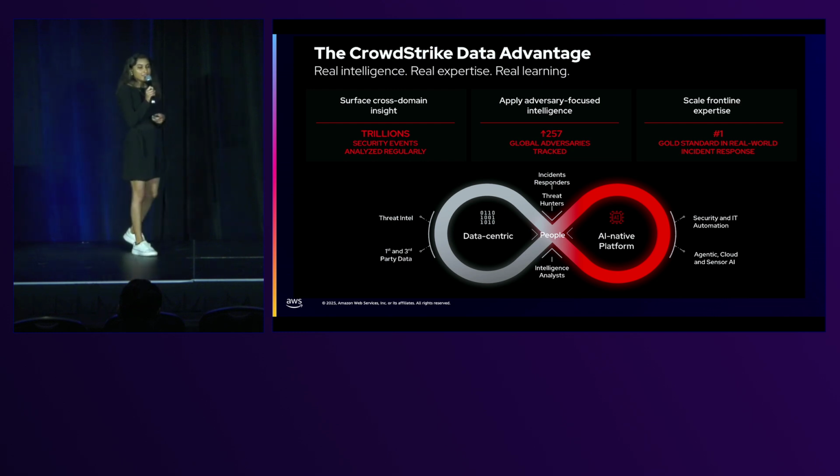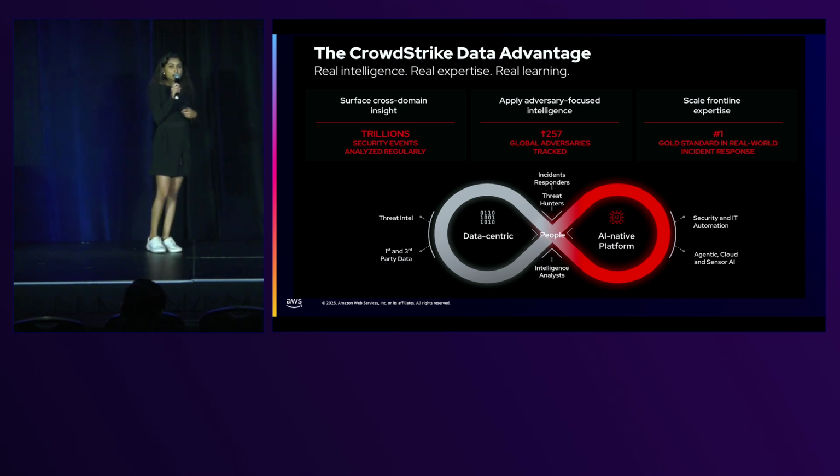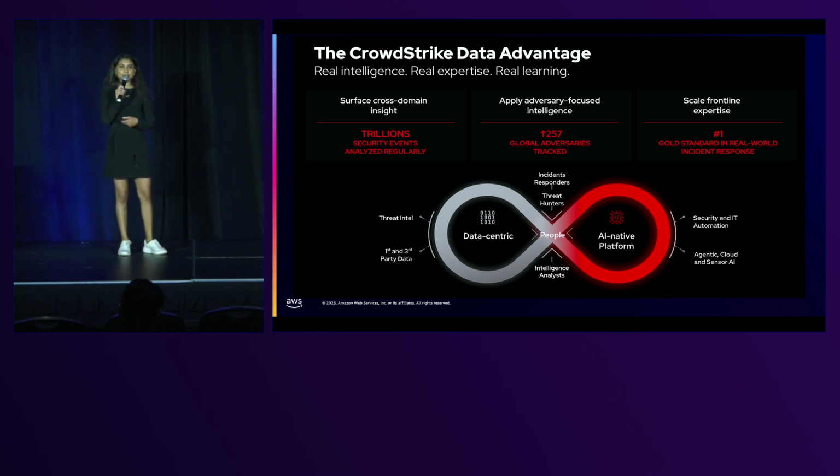Additionally, we have an adversary-focused threat intelligence practice. So our models don't just understand threats in a generic sense, but they understand adversary stories: what they're doing, how they're behaving, why they're doing what they're doing, and all that helps make for a sharper understanding of threats. And lastly, I think this part's really cool.